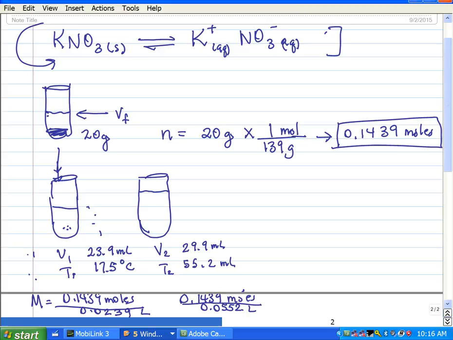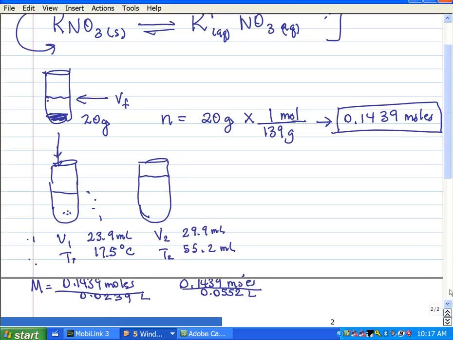We're going to set up a table in our Excel, and I'm going to show you how to plug the formulas in to calculate the concentration using moles over liters for the data that we have entered in this table form. Okay. The next thing that we have to do is, so that's where we get our concentration from for each one of the samples.